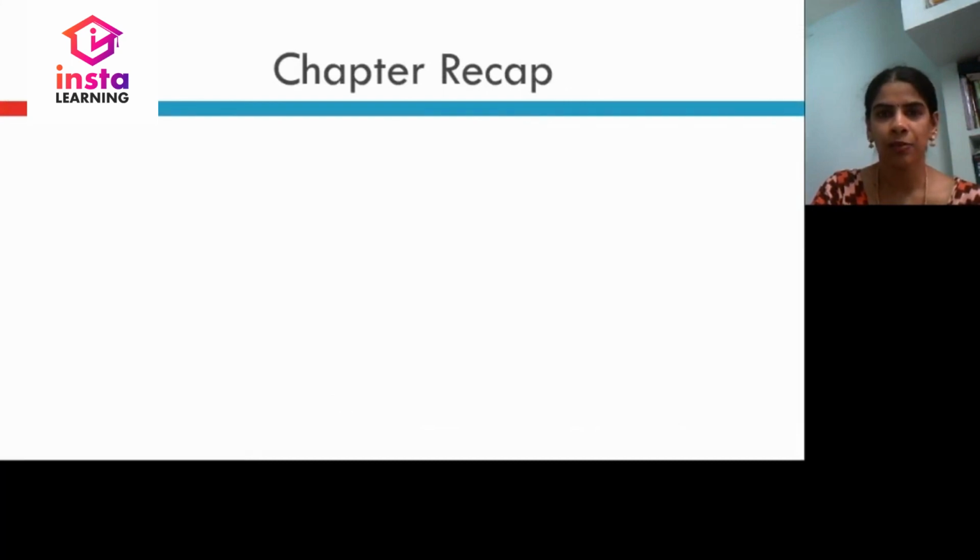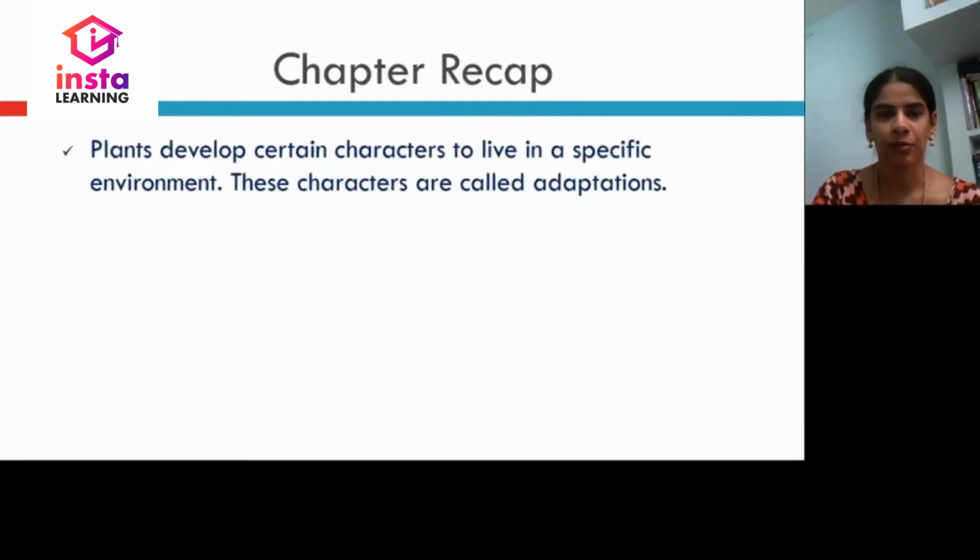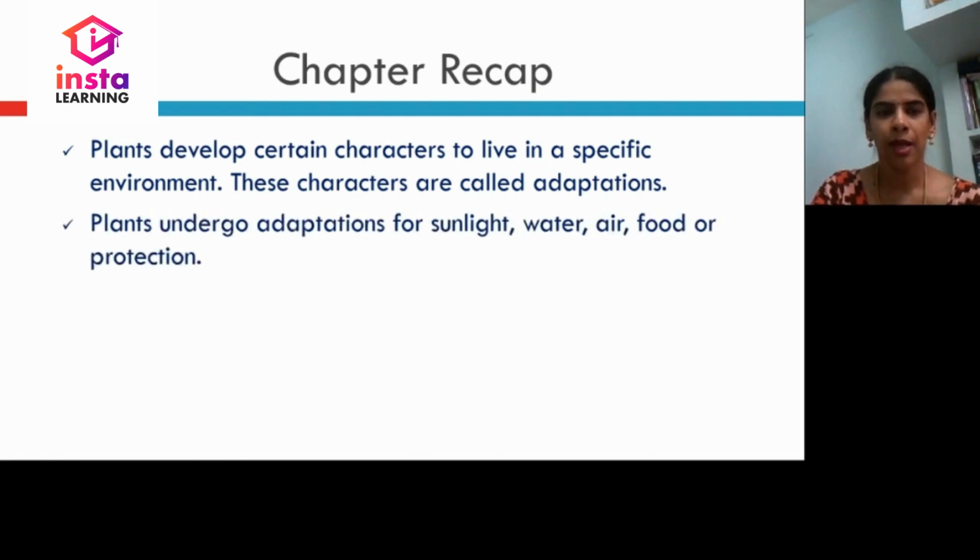Let us recap the chapter. Plants develop certain characters to live in a specific environment. These characters are called adaptations. Plants undergo adaptations for light, water, air, food, or protection.